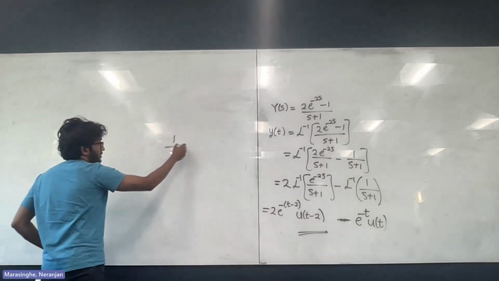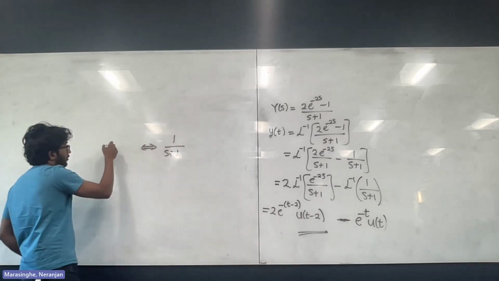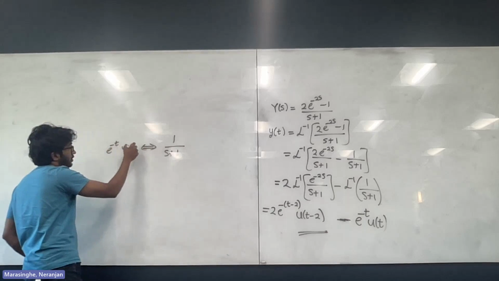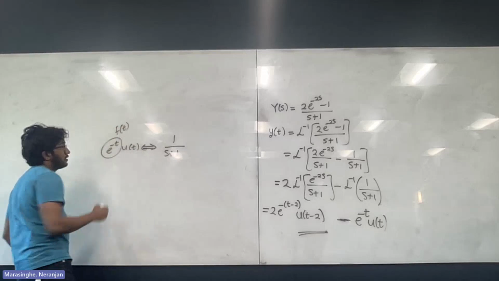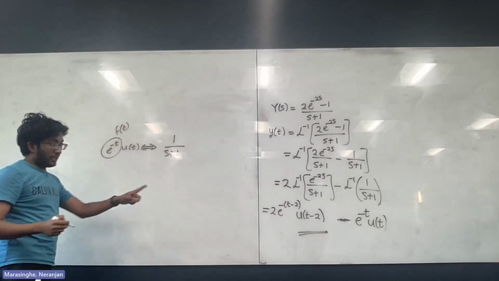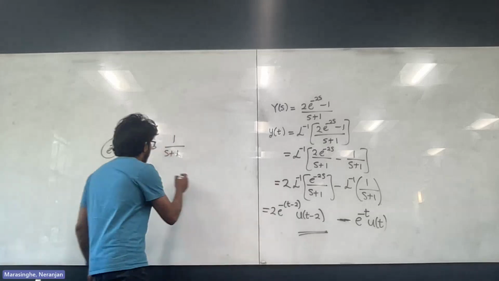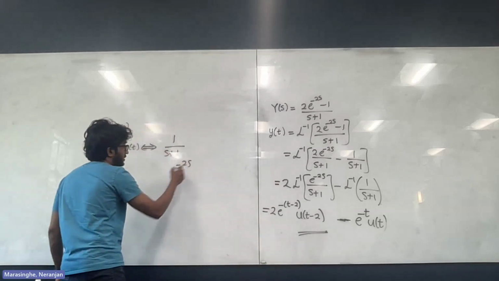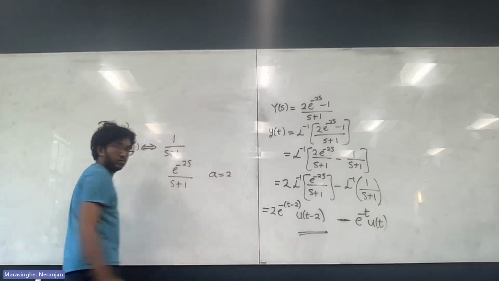So I had 1 over s plus 1, and the inverse Laplace transform of this one is e to the minus t ut. So this is your f(t). And what is your a? You are going to multiply this function by e to the minus 2s divided by s plus 1, so your a is equal to 2.